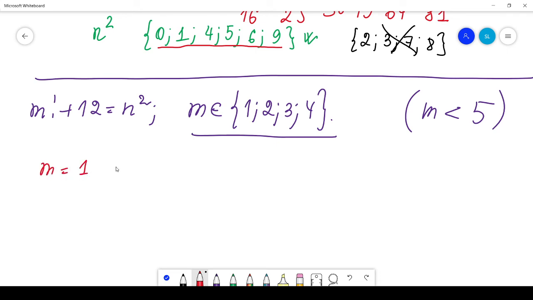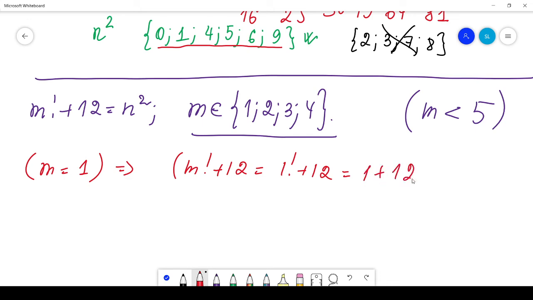If m equals 1, then m factorial plus 12 is 1 factorial plus 12. What is 1 factorial? It's 1, and plus 12 is 13, but 13 is not a whole square, so we don't like this option.